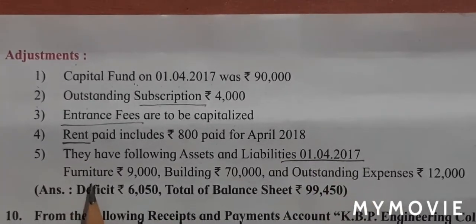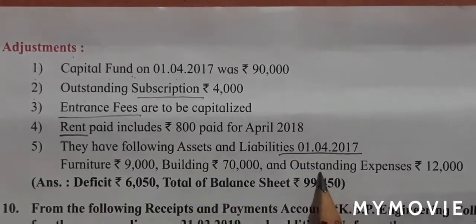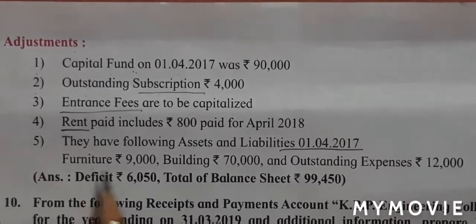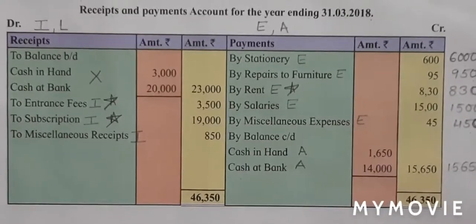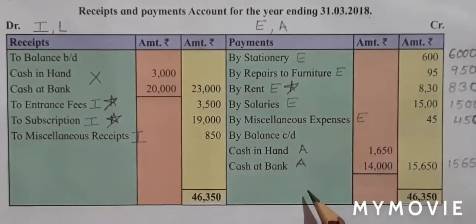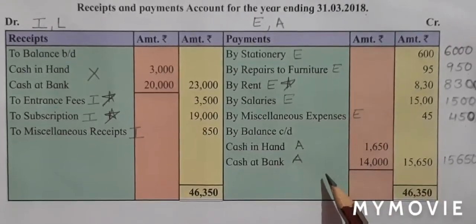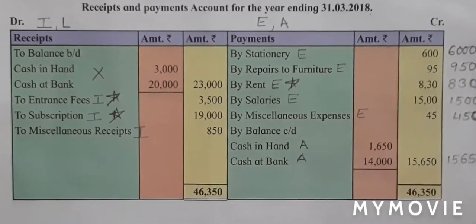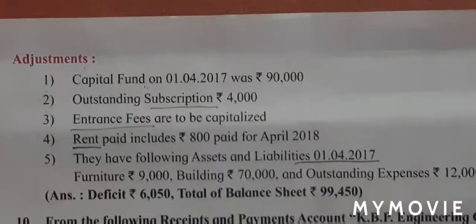So they have given me opening balances of furniture, building and outstanding expenses. Let's see whether we have these in our receipts and payments. If you see, I do not have furniture, so I don't need to mark any star. I do not have building, so I don't need to mark any star. And there is no outstanding expenses also given. So I don't have to mark any star.